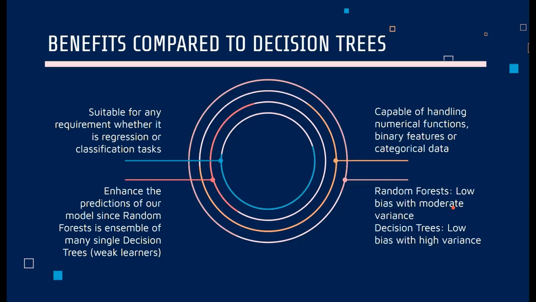Low bias means low training error, with high variance, which means high test error. So the random forest algorithm will average all the decision trees in the model as well as averaging the variance, resulting in a low bias and moderate variance machine learning model.